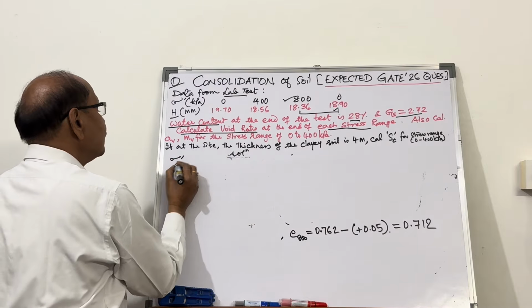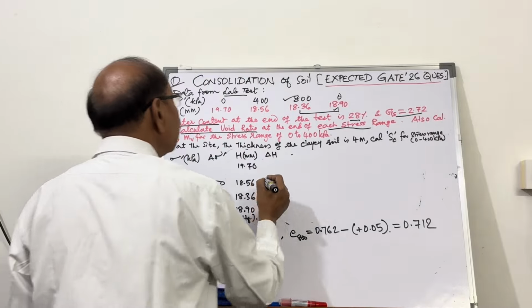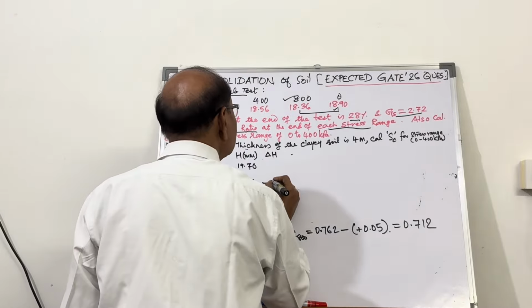So the difference of these two you can just calculate: 19.70 minus 18.56, so minus 1.14. It is going to decrease.